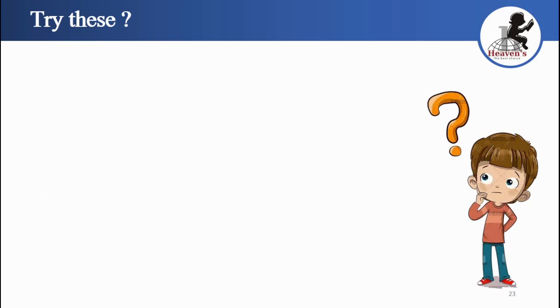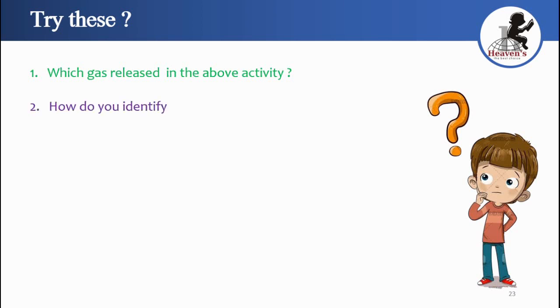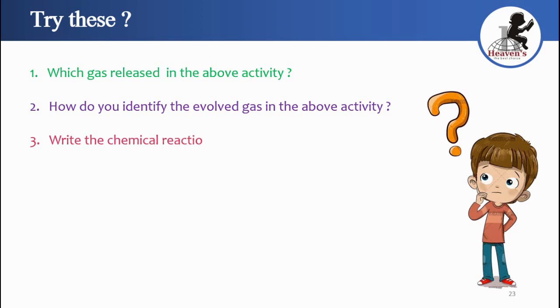Try this. First question is, which gas is released in the above activity? And next one is, how do you identify the evolved gas in the above activity? And third one is, why does the chemical reaction take place in the second test tube?